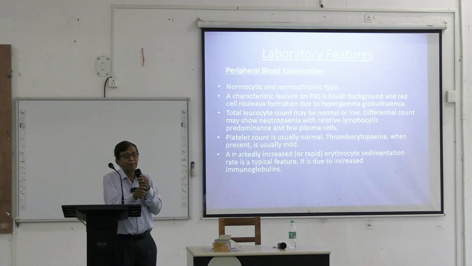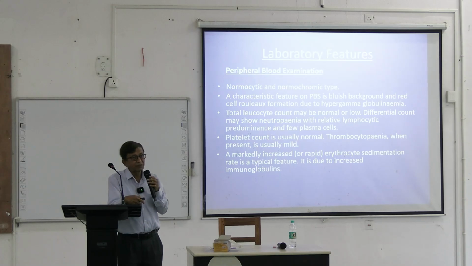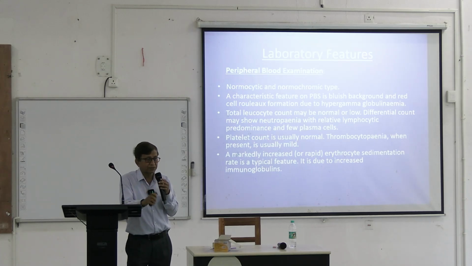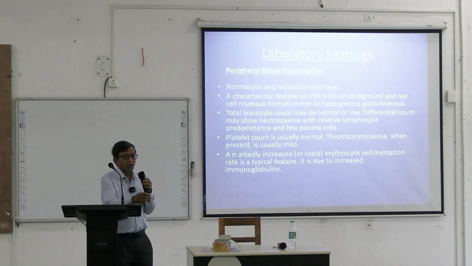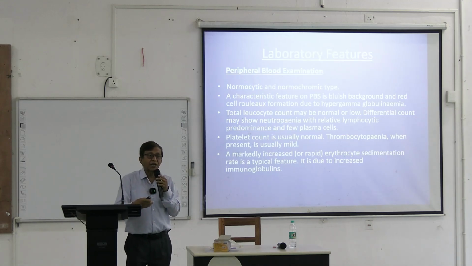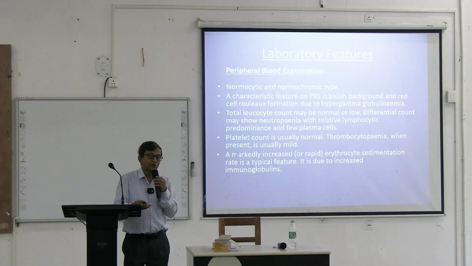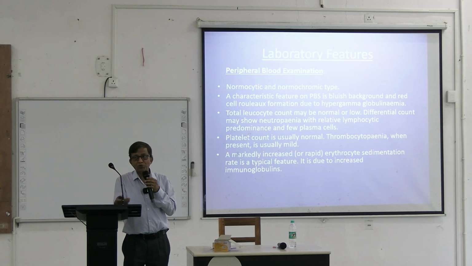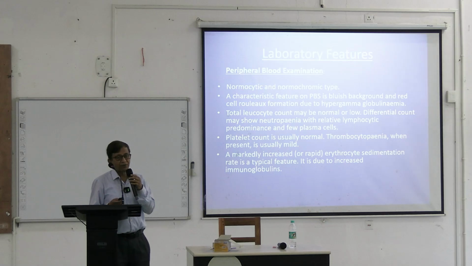Tuberculosis is the most rampant disease in India and in many Asian countries. So when you are asked about causes of high ESR, tell two causes: tuberculosis, plasma cell myeloma. Examiner will give you 100% marks. If you want to say another, you can say acute myocardial infarction. So there are three diseases: cause of high ESR, tuberculosis, number 2 plasma cell myeloma, number 3 acute myocardial infarction.